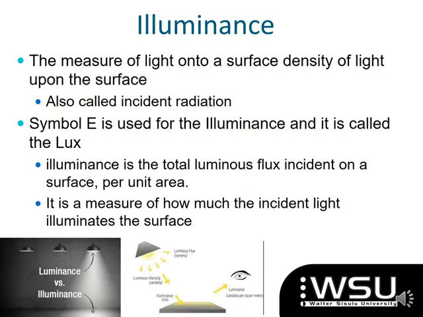So your illuminance is really the measure of your light falling onto a surface. So from your light bulb, if you look at even the pictures that I have there, up until your light gets to your surface point, and your surface could be your desk or whatever the place is going to be where your light is basically directing to, then that measure of the light that has fallen on the surface is called the illuminance, and it is also called your incident radiation because it's what is radiating your surface.